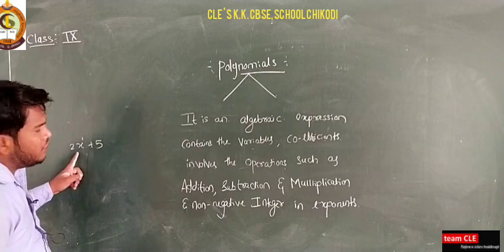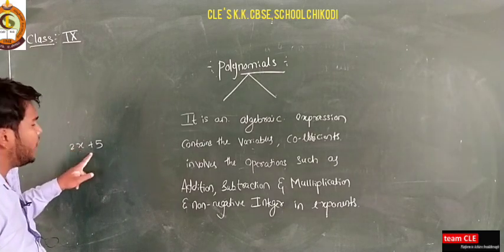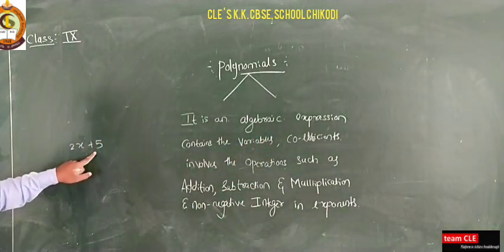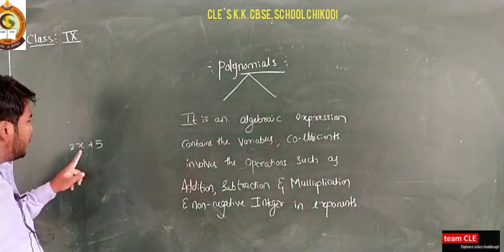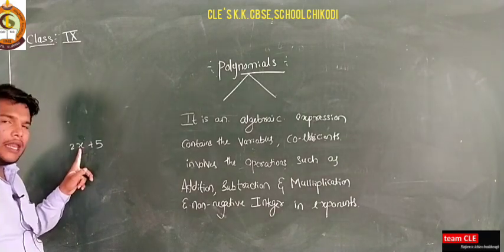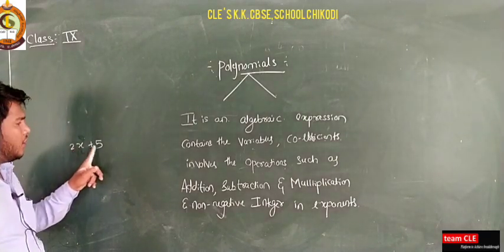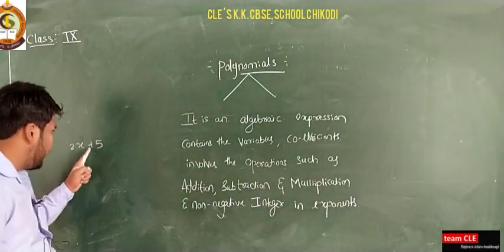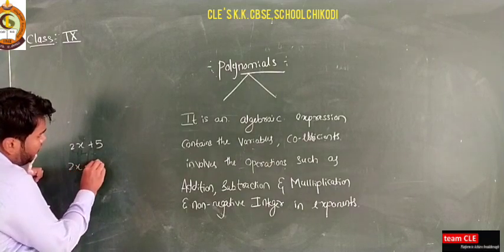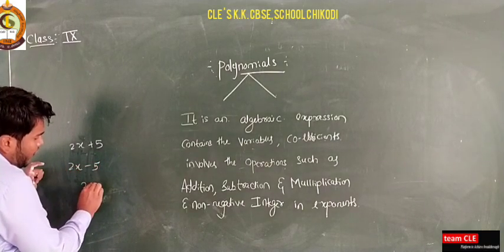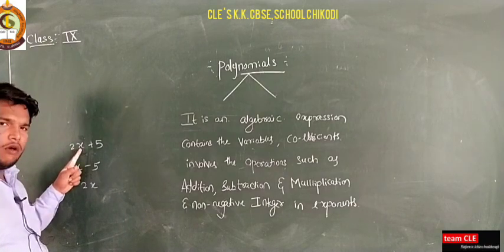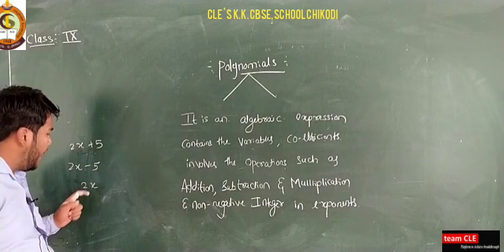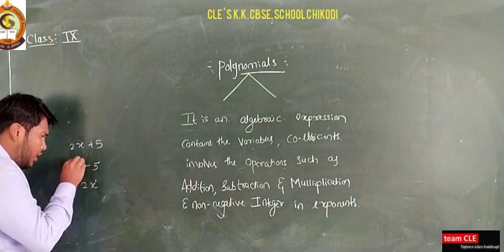It is the definition, it is an algebraic expression. So 2x plus 5 is an algebraic expression containing the variables, then coefficients, constants, and involving the operations such as addition, subtraction, multiplication, and a non-negative integer in the exponent.